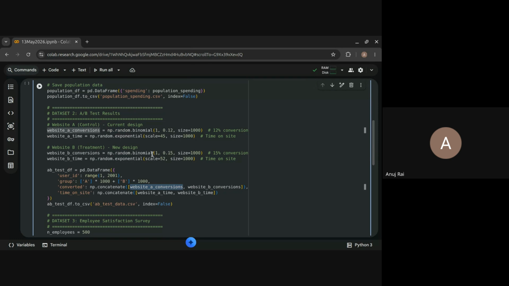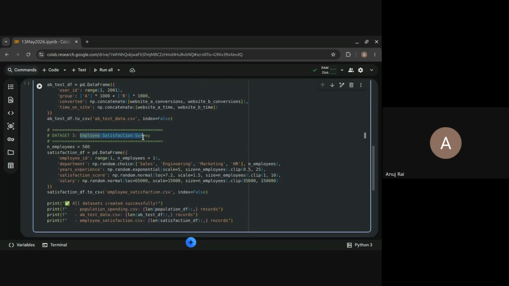So here, conversion and time. Here we are generating two data sets for two websites, and then again we are saving it in CSV data.